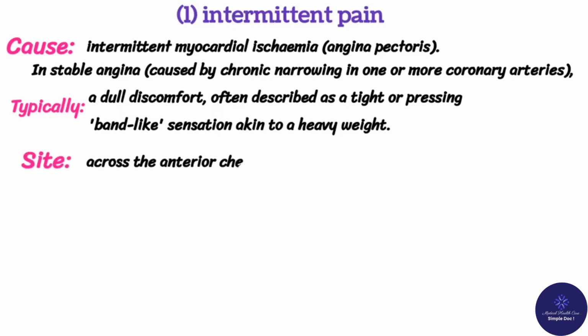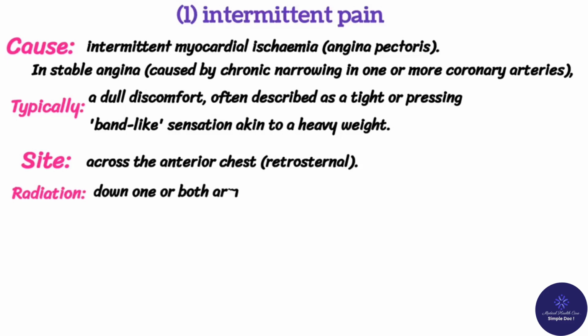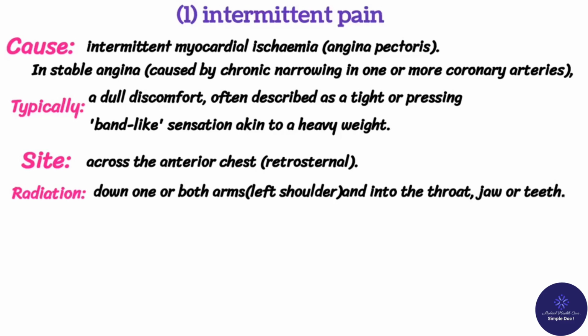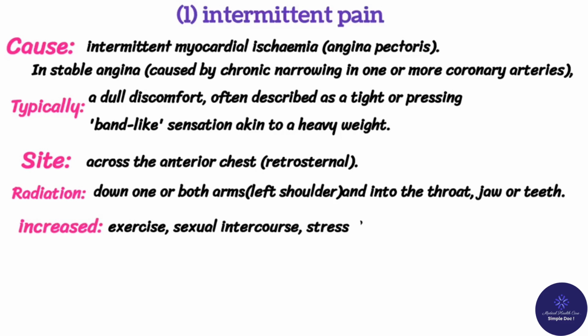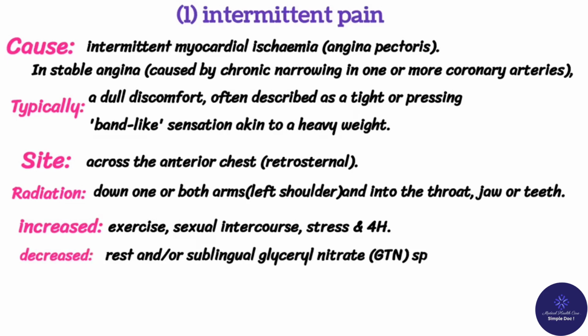Site: across the anterior chest, retrosternal. Radiation: down one or both arms, left shoulder, and into the throat, jaw or teeth. Increased by exercise, sexual intercourse, stress and heavy meal, heavy smoking, hypothermia, high altitude. Decreased by rest and or sublingual glyceryl nitrate spray.